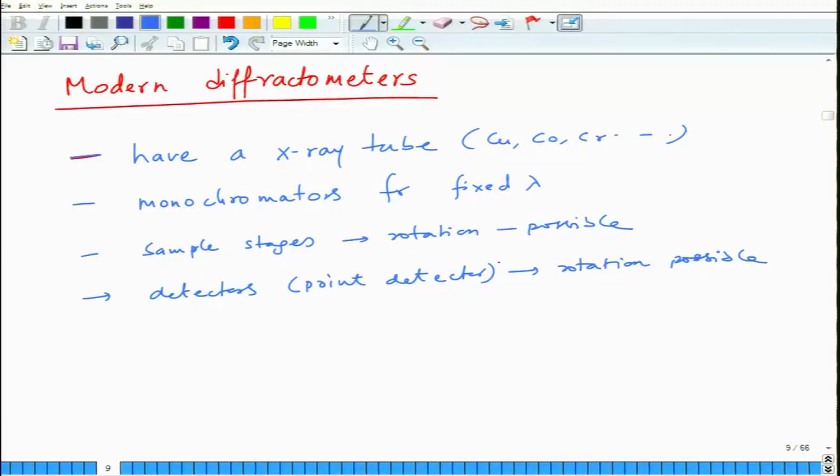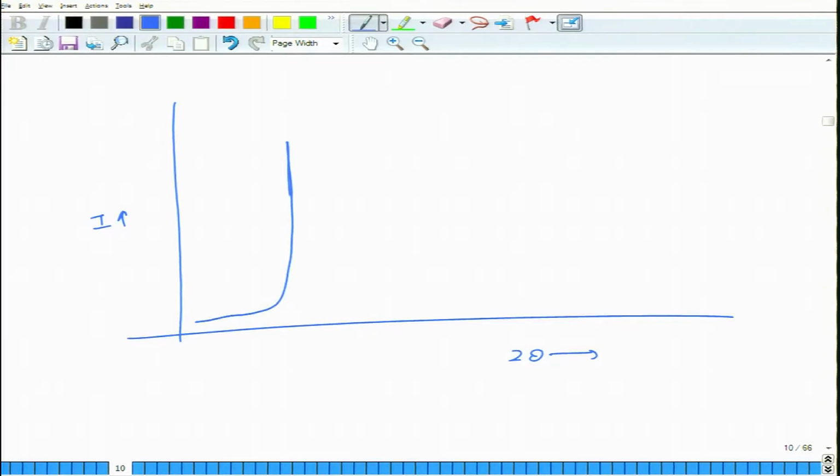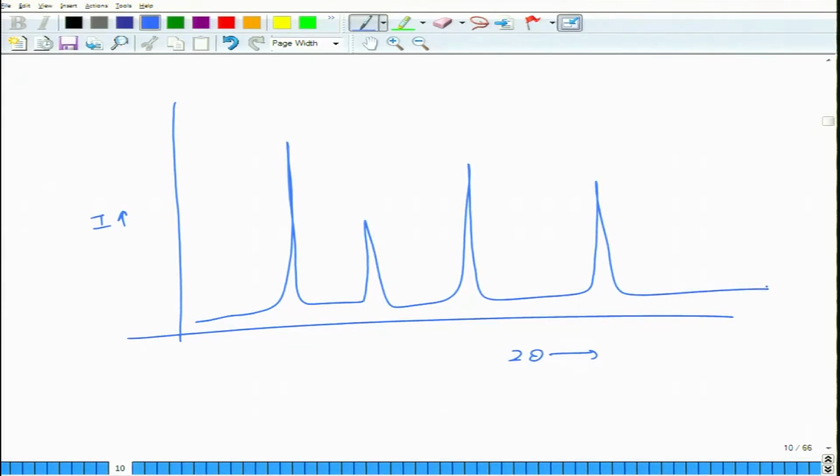So, what you get at the end is something like this: as a function of 2 theta, as a function of intensity, you have these peaks and so on. You have theta 1, theta 2, theta 3, theta 4 and so on, and then from this you need to work out what it belongs to.